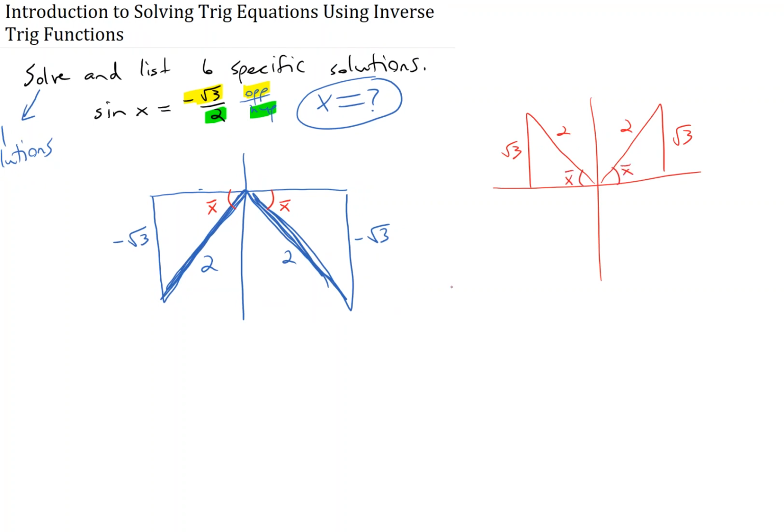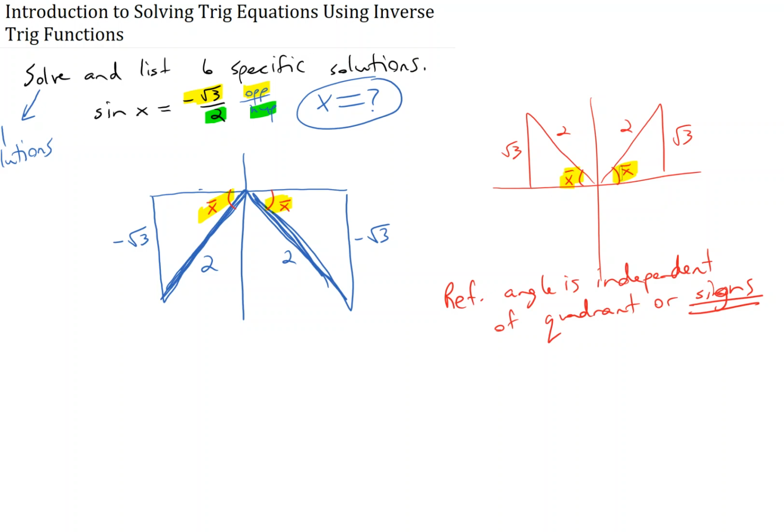So what I want you to understand is the reference angle is independent of quadrant, and more importantly, independent of the signs. So here, when I want to find x bar in any of these 4 triangles, it's going to be an inverse trig function of the 2 sides that I'm given of some kind.